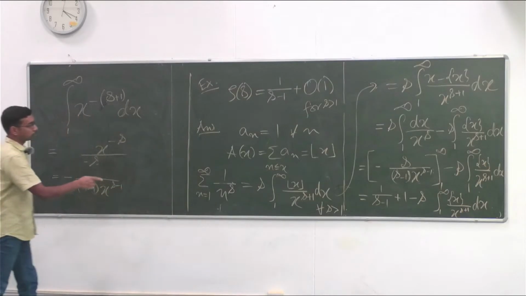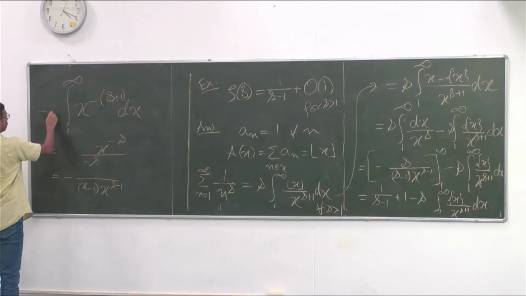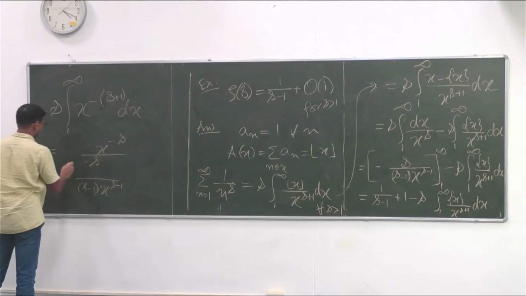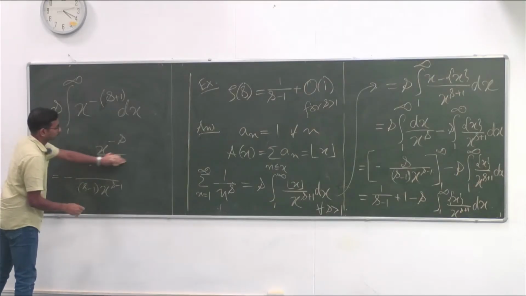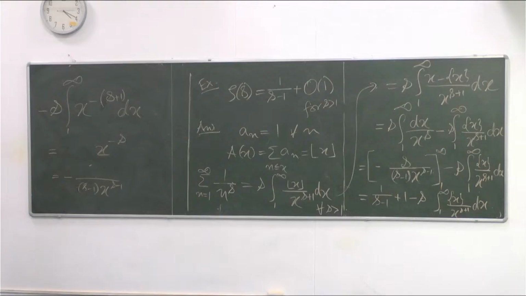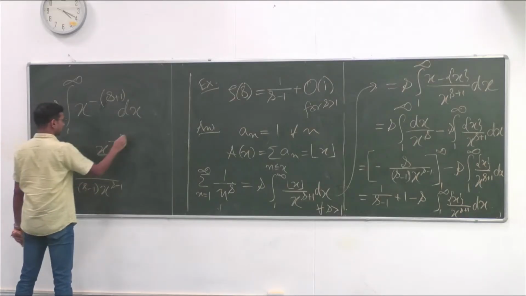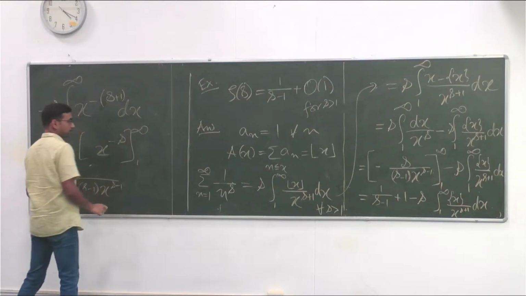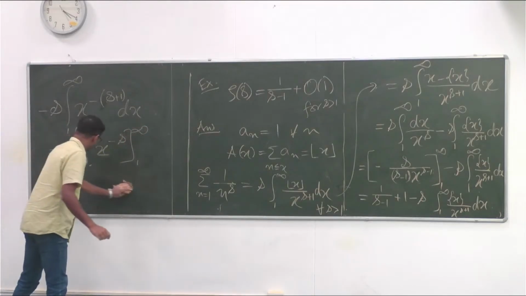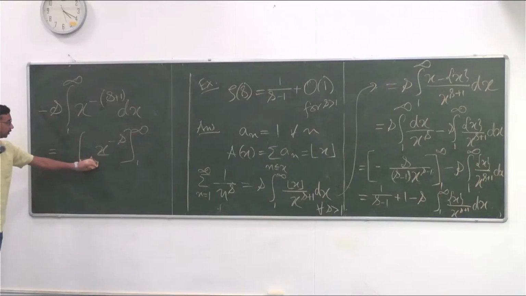If you multiply the minuses from the outside, you get these minuses cancelled, right? And you have this x power minus s from 1 to infinity, which is just giving you 1, right?